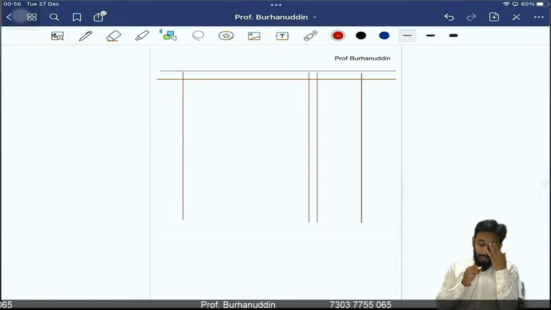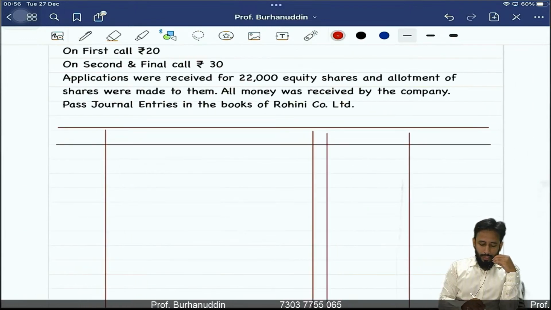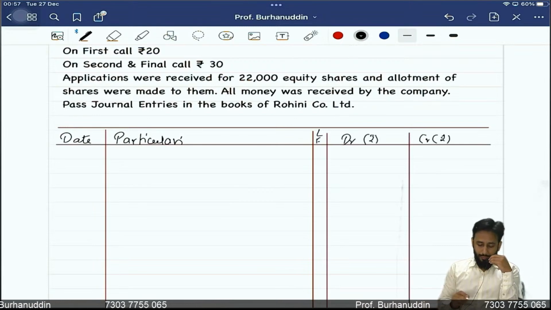Date, particulars, ledger folio, debit rupees and credit rupees.